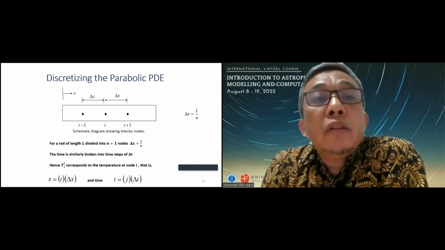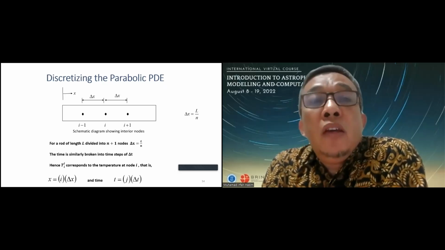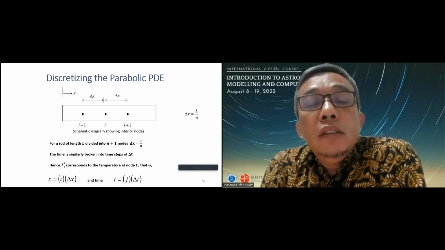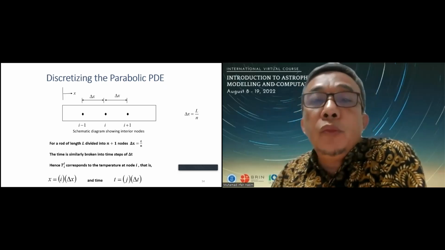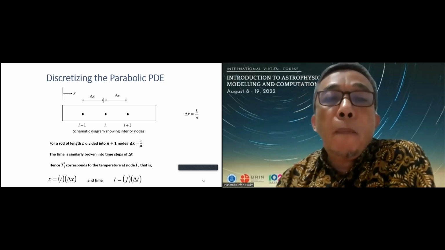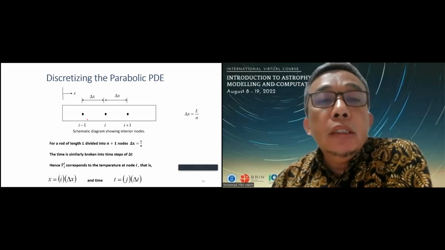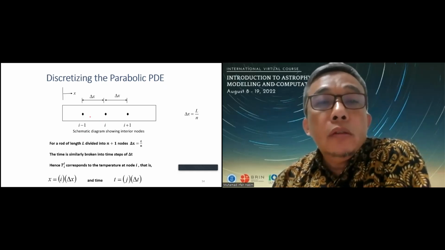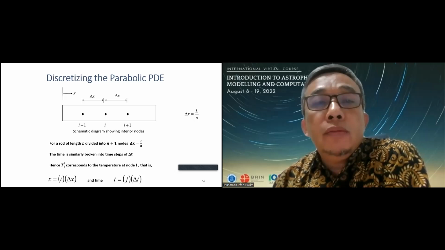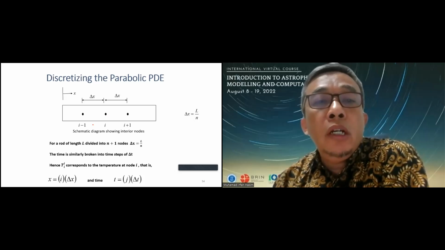Before doing that, we discretize this one-dimensional mesh by a finite number of internal nodes.